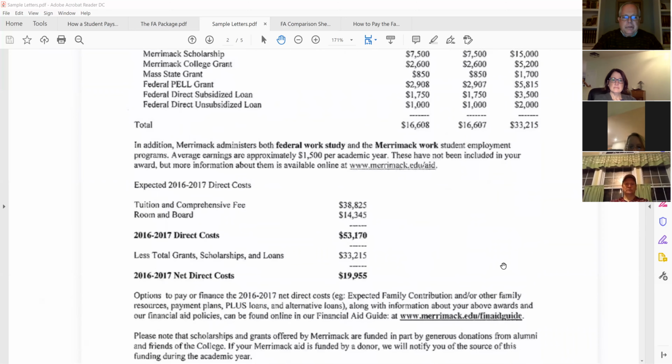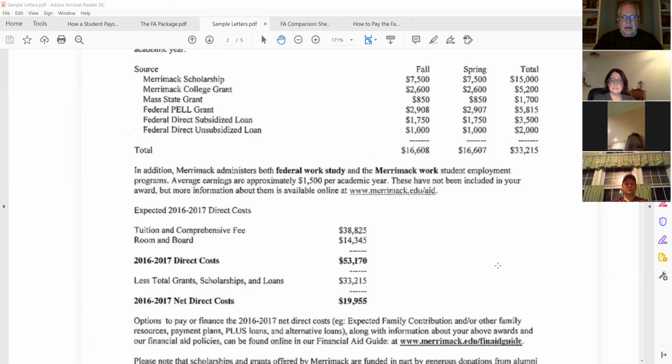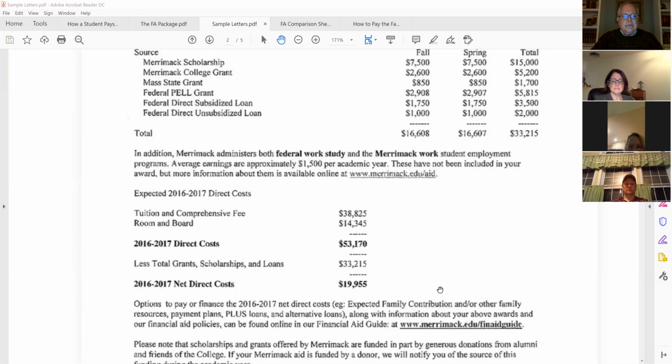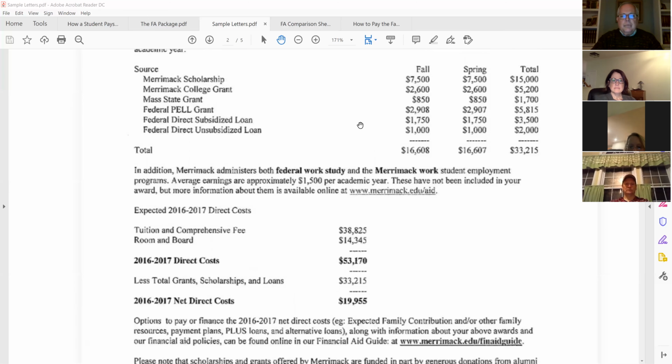All right. And again, you should notice the format is totally different, displayed differently. And in this case, you see that everything is commingled. But what else also isn't here is there's no PLUS loan. The parent loan is not in here, but everything is put together. So you've got to separate it out.